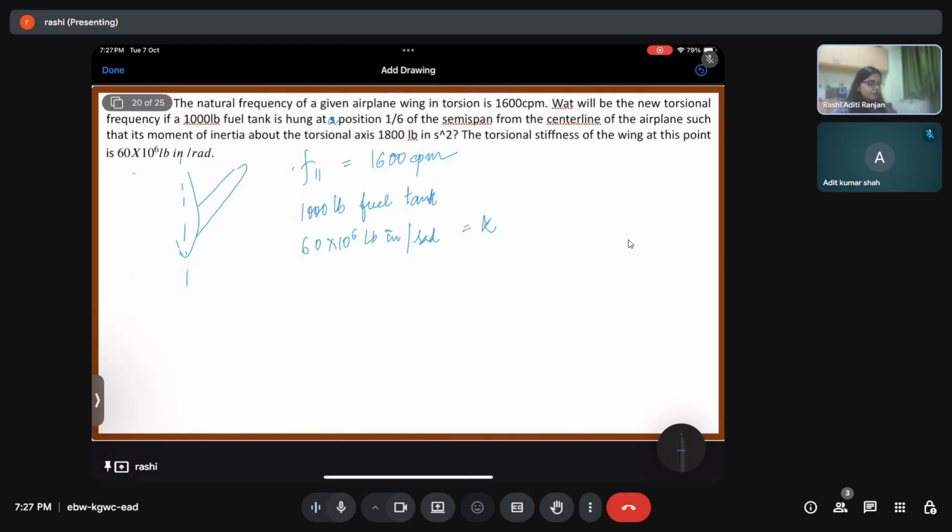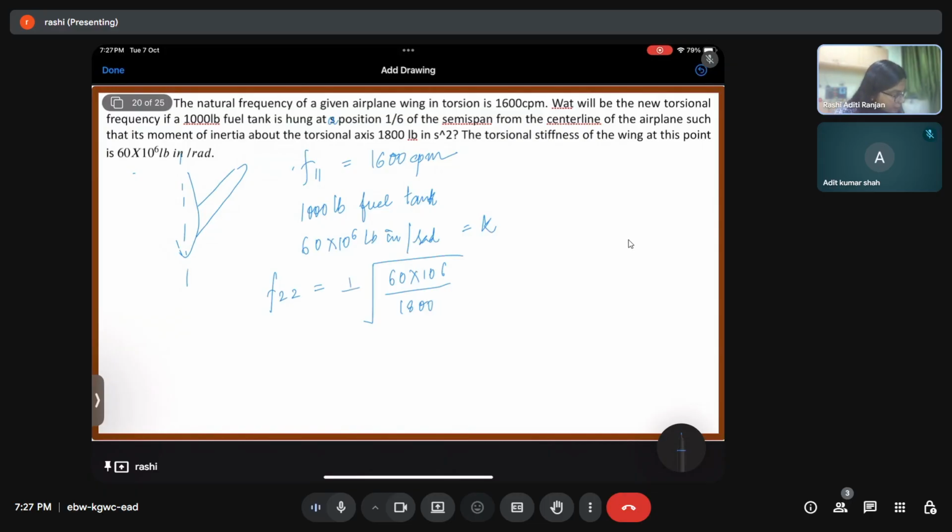Okay. So for that, we can find out F22 as the square root of 60 into 10 to the power 6 by 1800. This will give us radians per second.